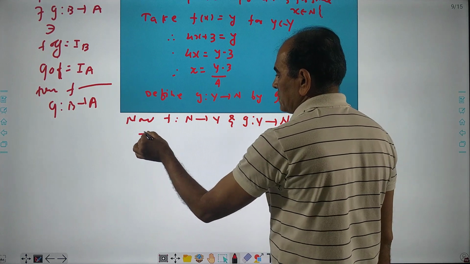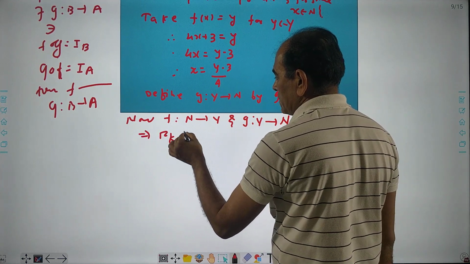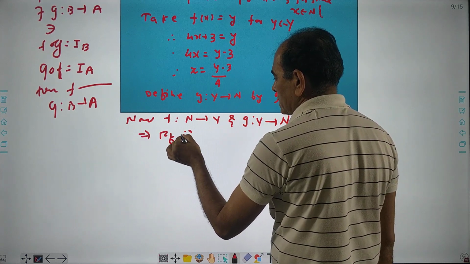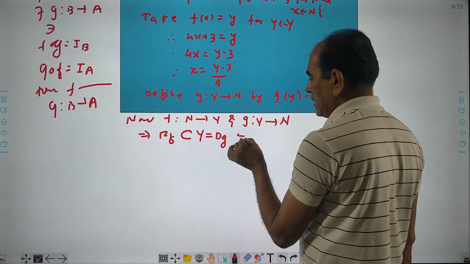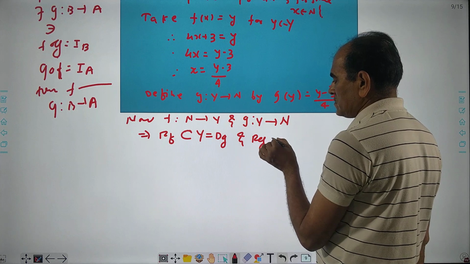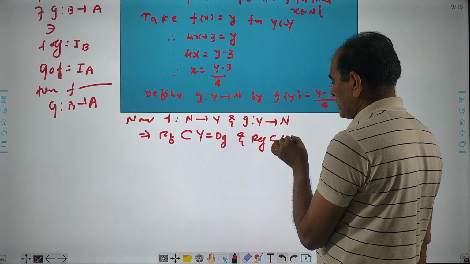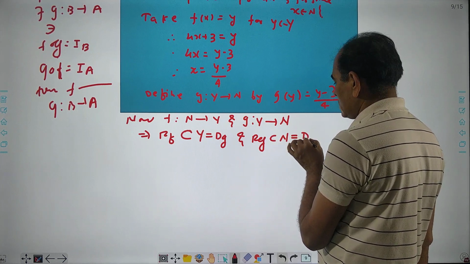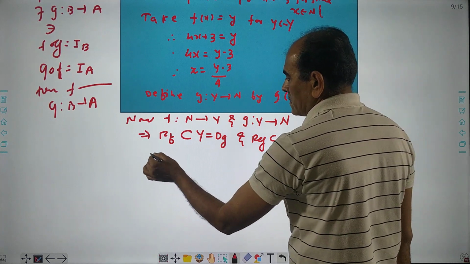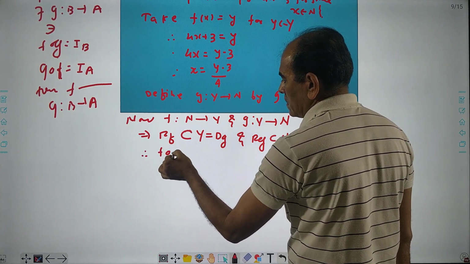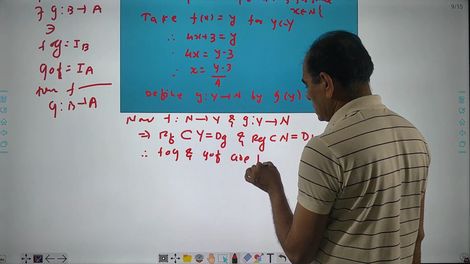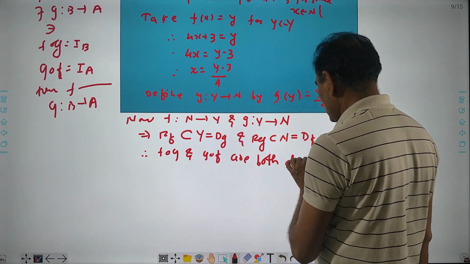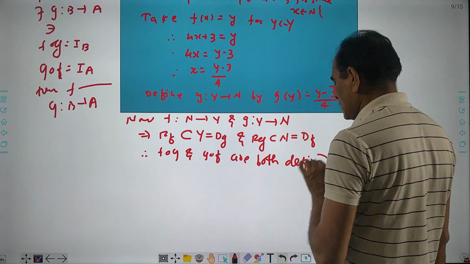Clear? This implies the range of f is a subset of Y, that is the domain of g, and the range of g is a subset of N, and that is equal to the domain of f. And therefore f of g and g of f are both defined.